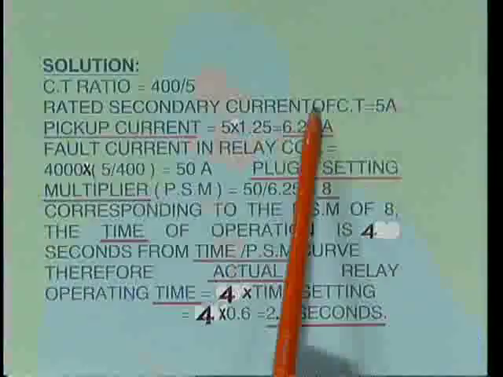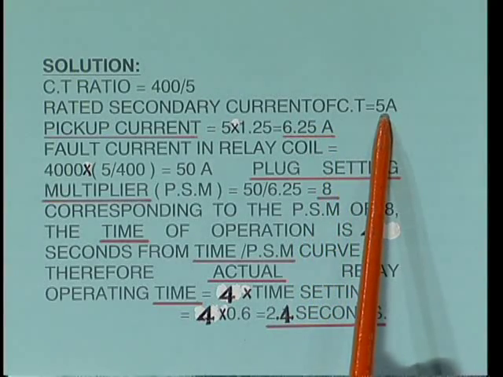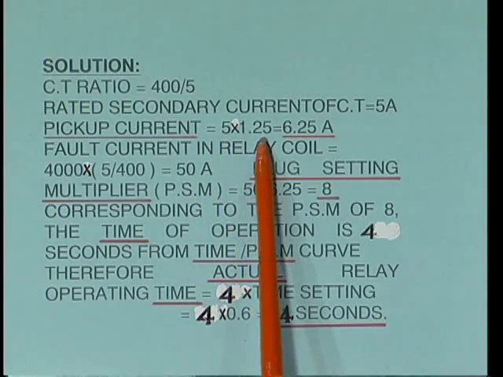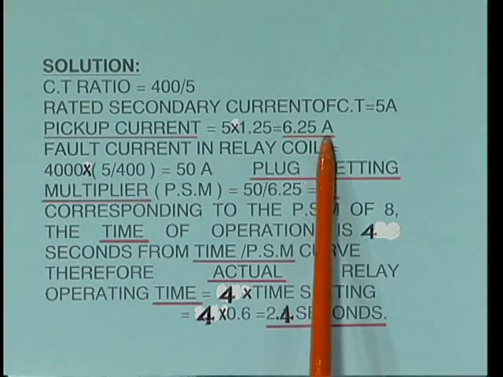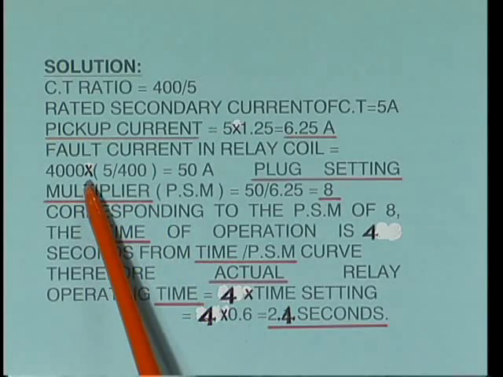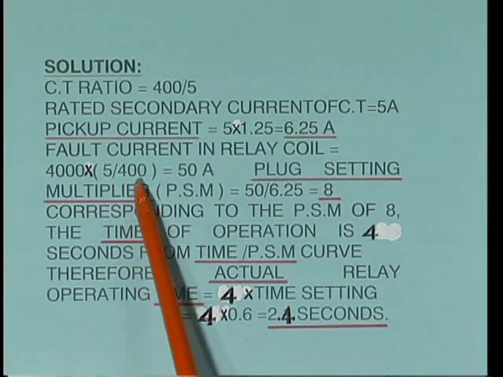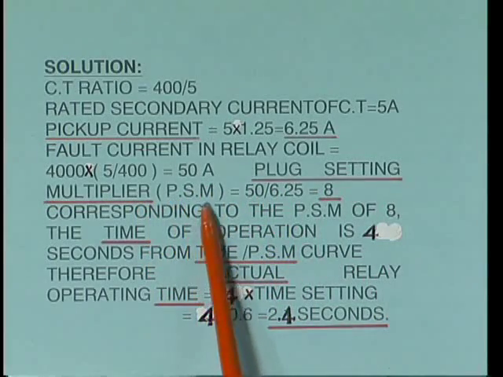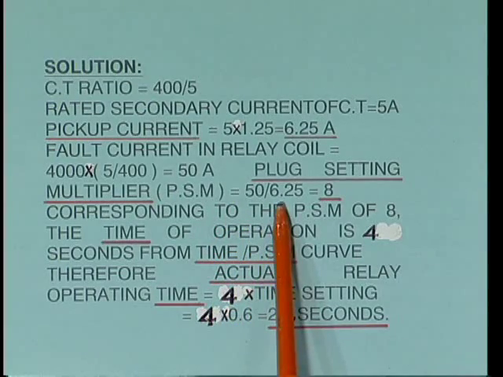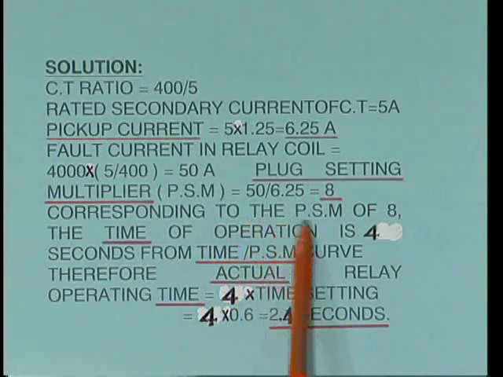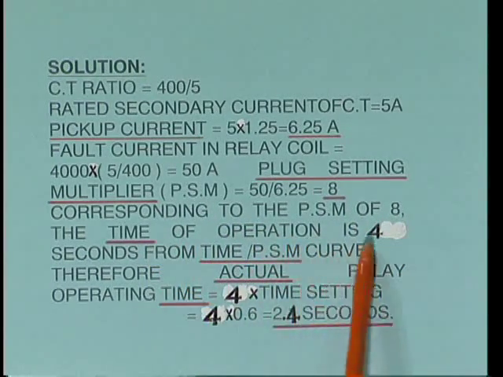CT ratio is equal to 400/5, rated secondary current of CT equal to 5 amperes, then pickup current equal to 5 into 1.25, that is equal to 6.25 amperes. Then fault current in relay coil equal to 4000 into CT ratio 5/400, that is equal to 50 amperes. Then plug setting multiplier PSM equal to 50/6.25, that is equal to 8. Corresponding to the PSM of 8, the time of operation is 4 seconds.